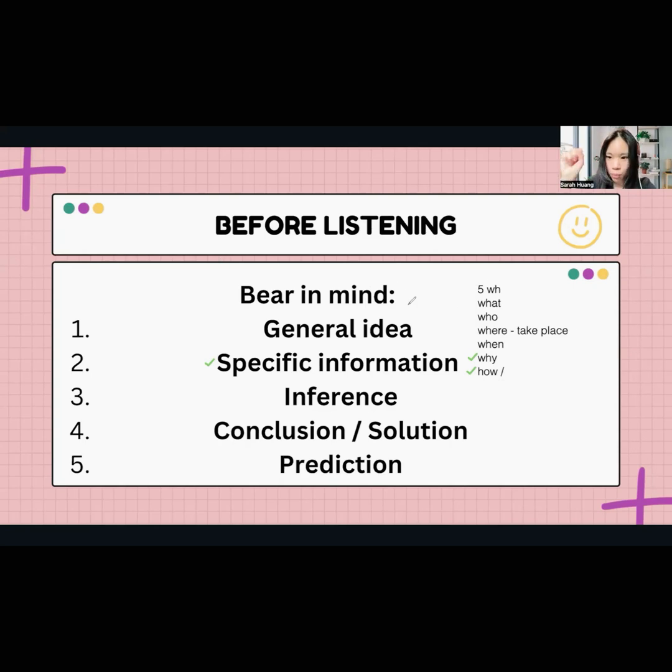As a note-taking strategy, you can draw a T as such. You can have speaker A and speaker B. What does this person want? Dot, dot, dot.